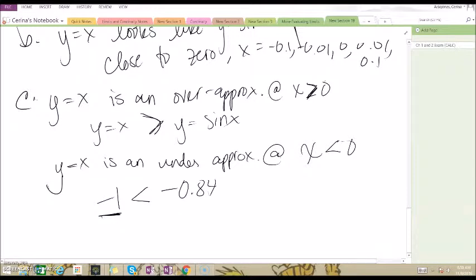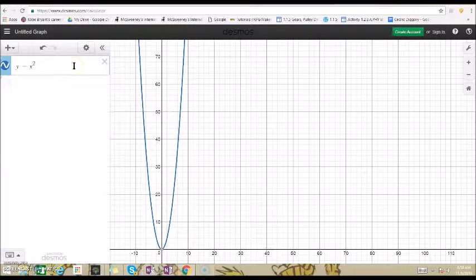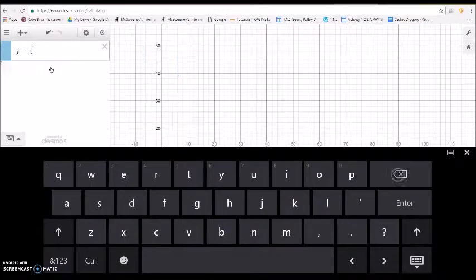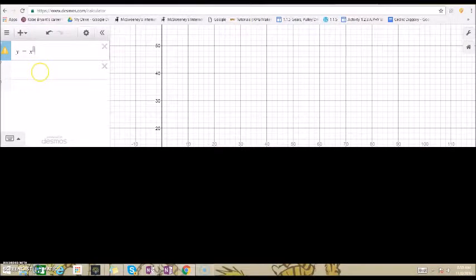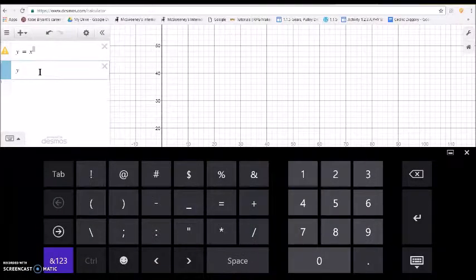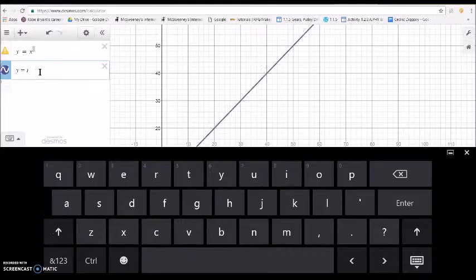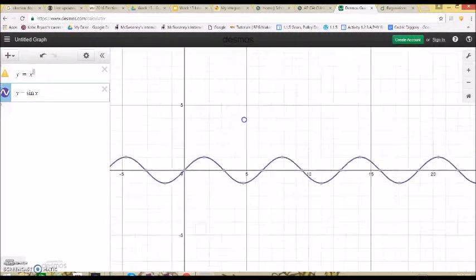Okay? And you can actually see this on the graph. So I'll show you if we graph y equals x and y equals sine of x. Okay. So as you can see, I have the line y equals x.